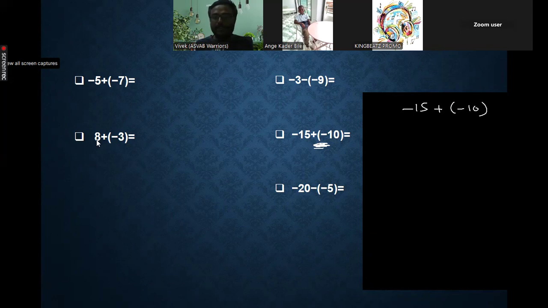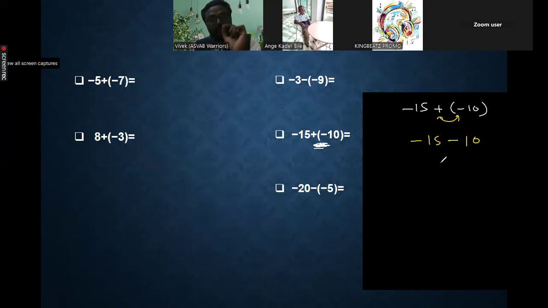So I'll eliminate the middle sign. So different sign, subtract. So -15 minus 10. Now, 2 numbers with the same sign. So same sign. Add and keep the sign. So 25, -25 will be your answer.